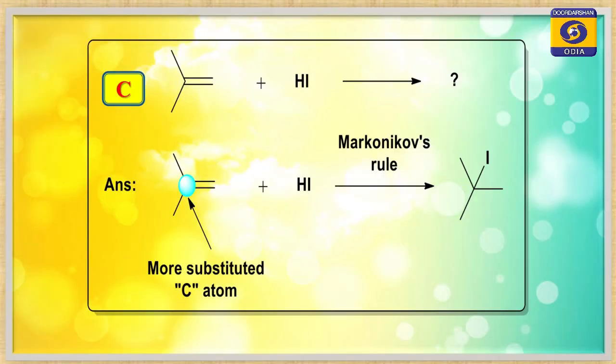Next question you see. Here you see that an alkene is there. This is called isobutylene. You see the answer. I have added HI molecule, and it is a Markovnikov's addition, because you see that the marked carbon atom is least substituted.